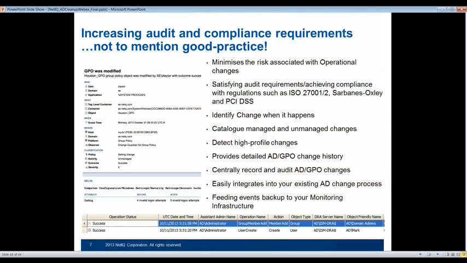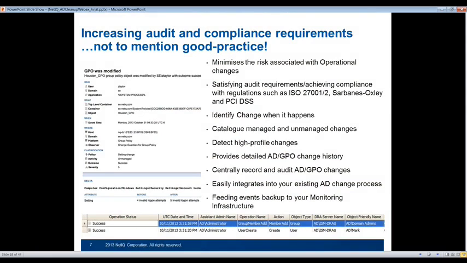So if we consider what customers look for in an audit solution, first and foremost, in reality, it is to put ticks in boxes. So, from a regulatory and compliance perspective, that is why a customer will buy an auditing solution.